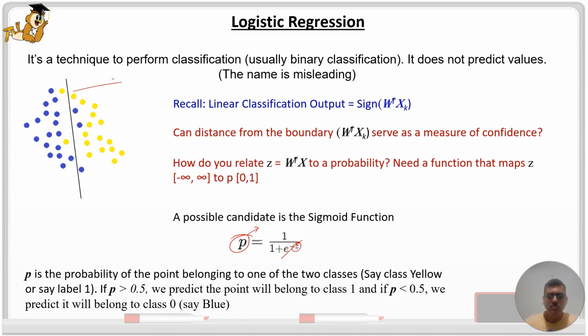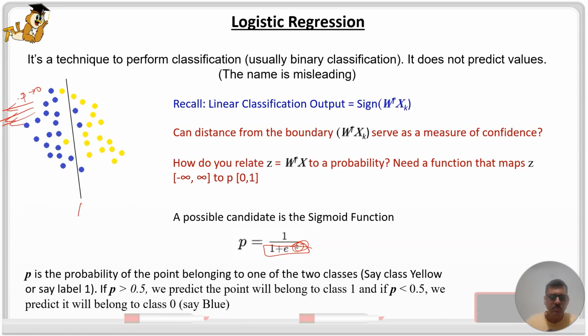So as you travel more and more in this direction, P will start approaching 1. Now, on the other hand, when Z starts becoming more and more negative, this will start tending towards infinity, which means that P will start going towards 0 as you go more and more in this direction.